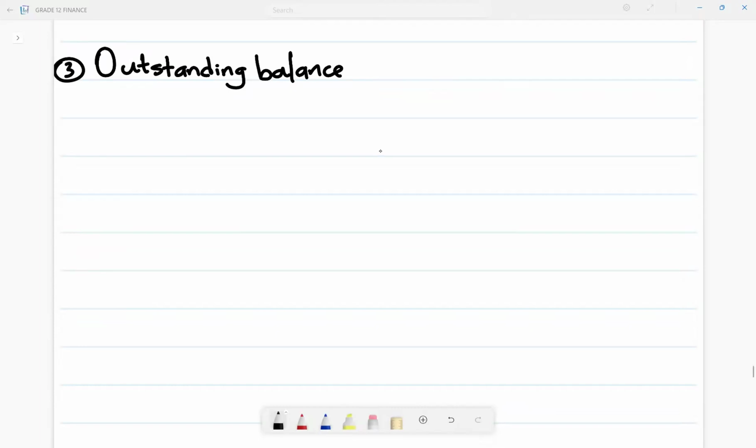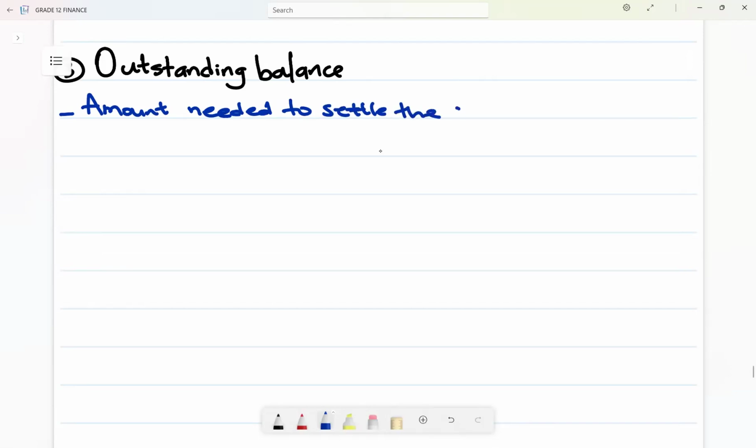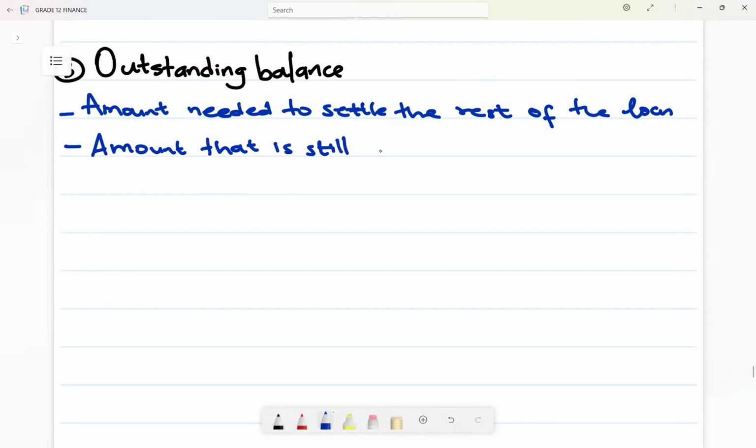So outstanding balance, in simple terms, is the amount needed to settle the rest of the loan, or the amount that is still yet to be paid.